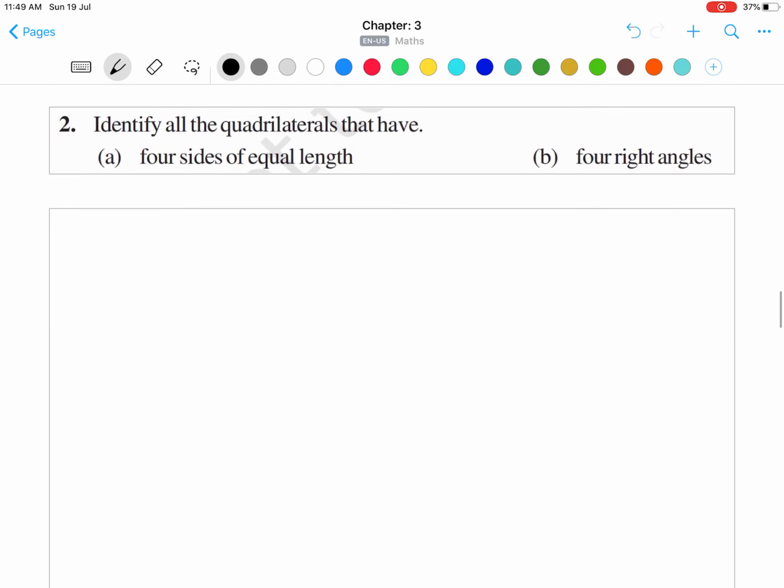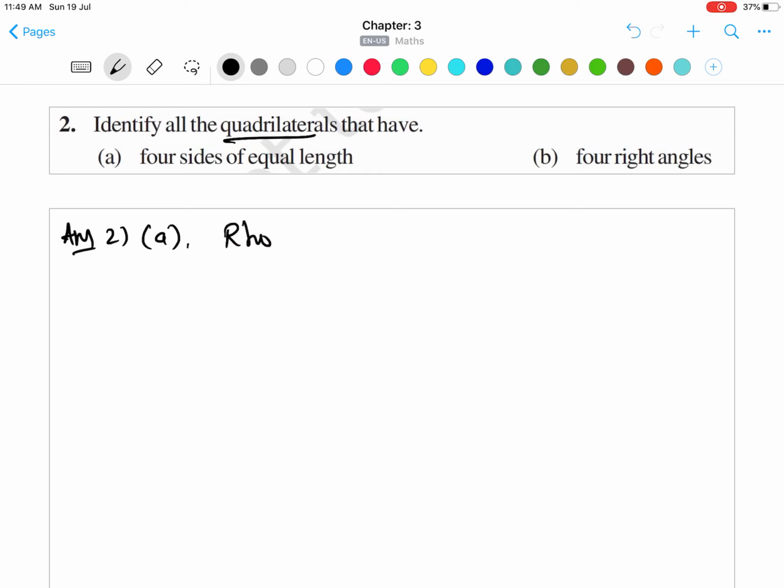Moving ahead to the next question: identify all the quadrilaterals that have four sides of equal length. Answer number 2, part A. We are asked to identify all types of quadrilaterals that have four sides of equal length. We have two cases: first a rhombus and then a square. Both are quadrilaterals with four sides of equal length.